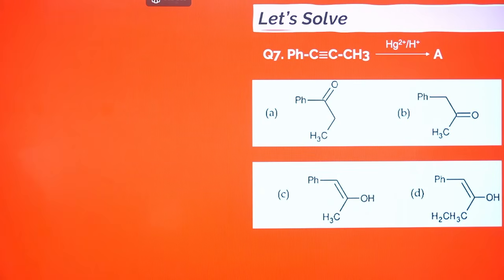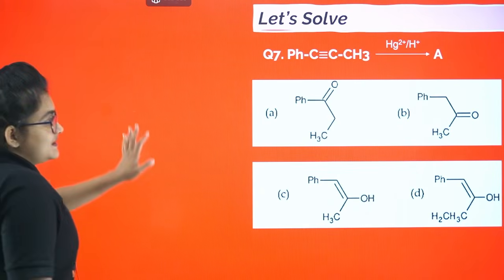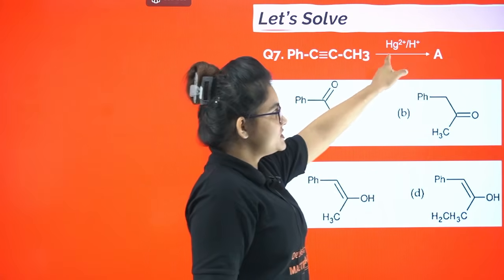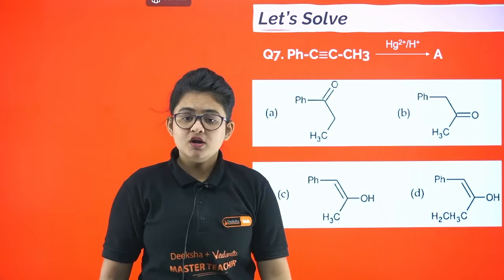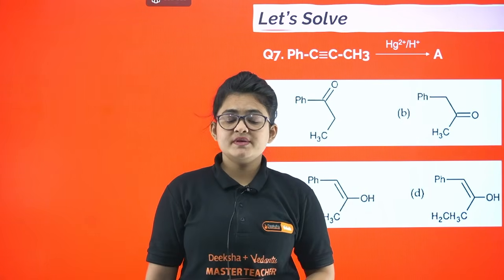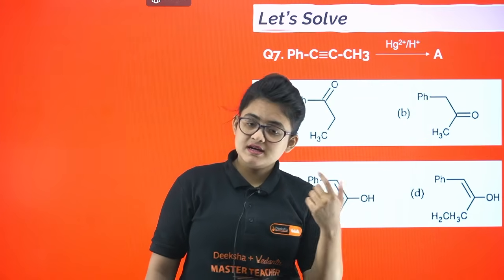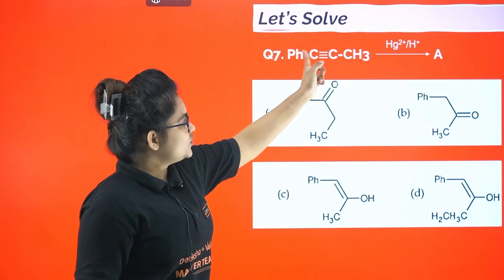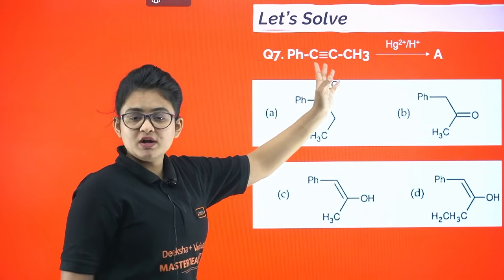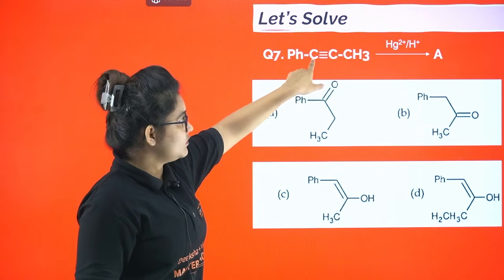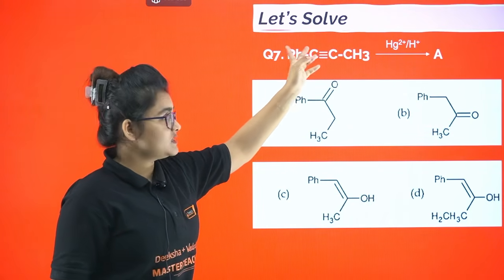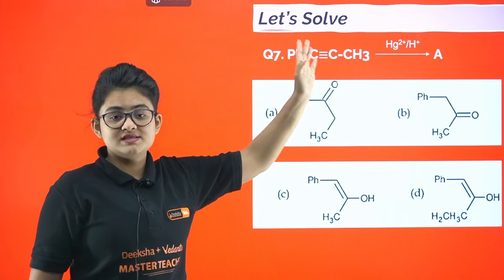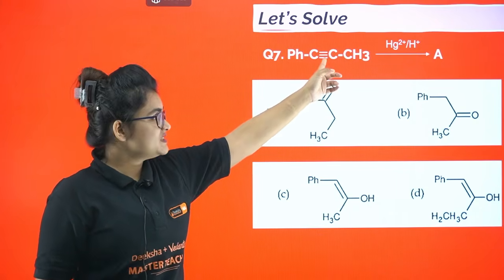Let's proceed. One more problem. This is basically oxymercuration-demercuration. In oxymercuration-demercuration, the OH is getting added to the intermediate carbon. So in this triple bond containing carbon, any one of these will get the OH. This particular carbon is very much stable because of the resonance ability of the benzene just beside it.